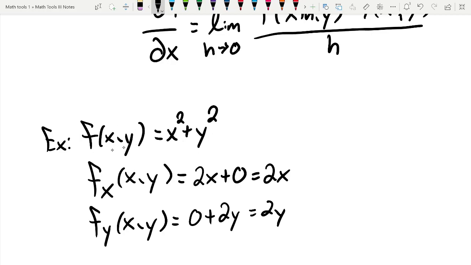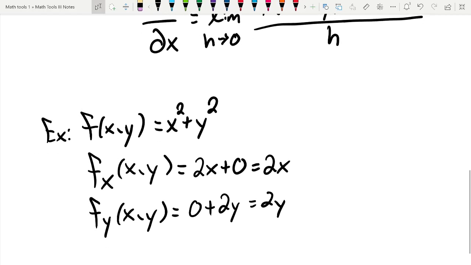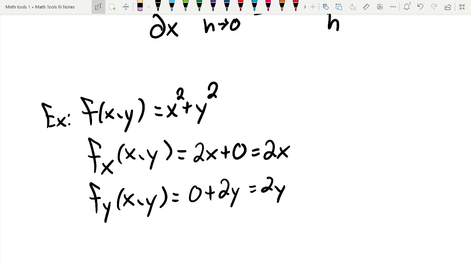So if we were taking the derivative of z, then we might need to think about implicit differentiation. But in this case, x and y are both independent variables. They're not functions of each other or anything like that. So we don't need to worry about implicit differentiation here. This is a different thing.